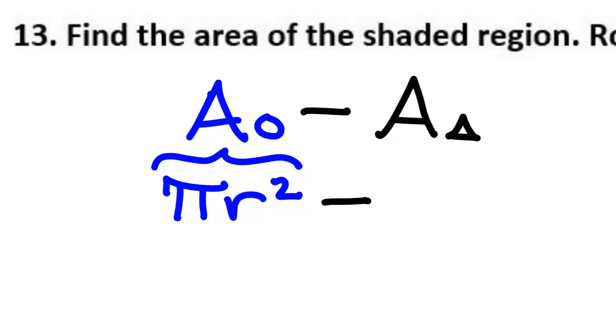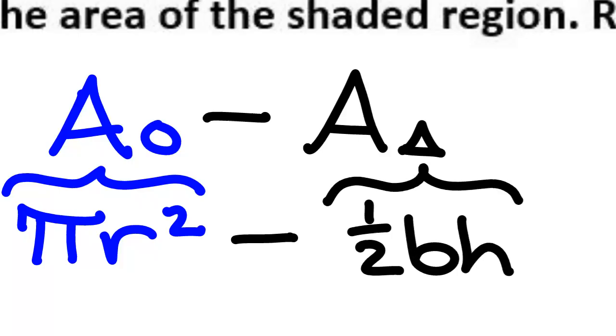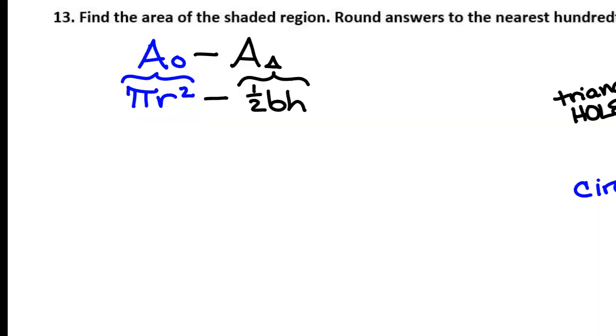What's one of them? 1/2 base times height. What kind of relationship do the base and the height have to each other? And this is for any of my shapes, not just triangles. What kind of an angle do the base and the height have to form with each other? Has to form a 90-degree angle, right? The base and the height has to form a 90-degree angle. Now, the height doesn't have to be a side.